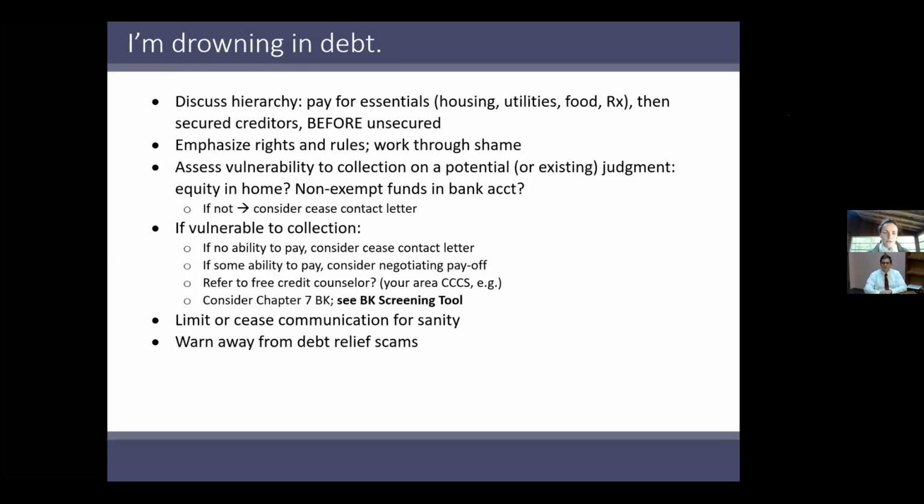If someone is vulnerable to collection, then you work through it. If they still have no ability to pay, maybe it's still a cease contact letter saying, I can't afford this debt. If and when I can, I will contact you, just to preserve someone's sanity. Sometimes it's a payoff. Often a referral to a credit counselor is really helpful. I think all over the state, there's consumer credit counseling services.